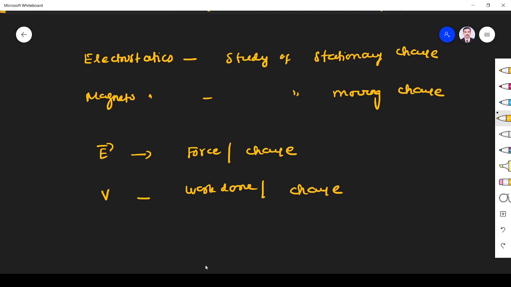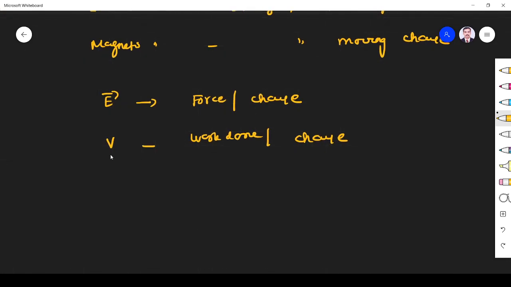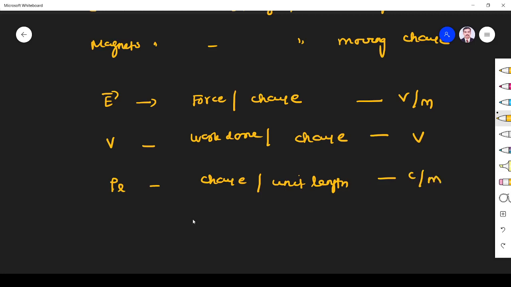Right? Okay. Next, what do you call charge density rho L, charge per unit length, line charge. E volt per meter, V volt. Rho L charge per coulomb per meter, charge is coulomb.